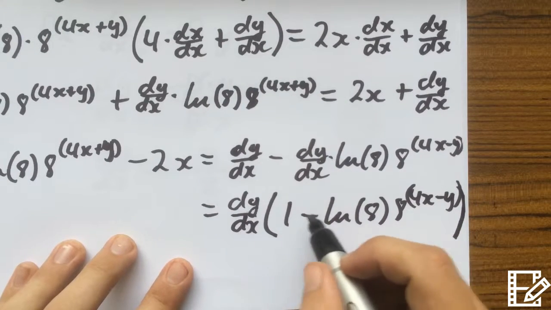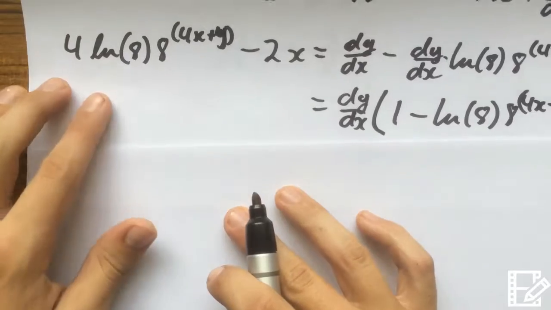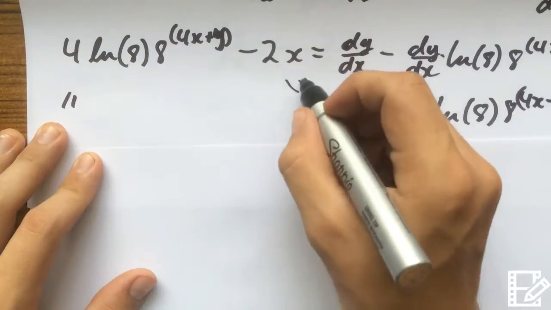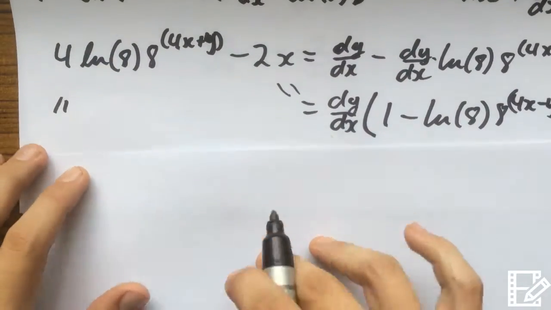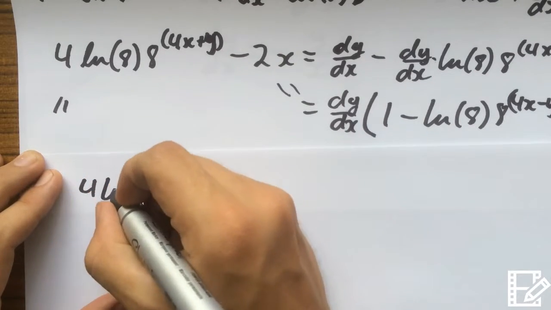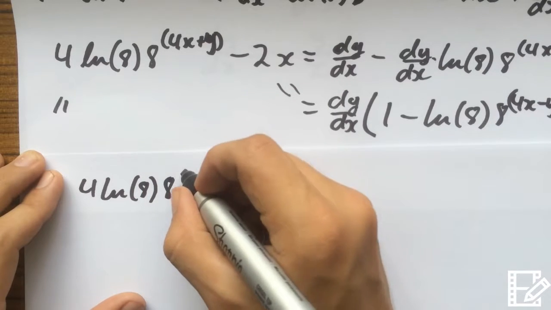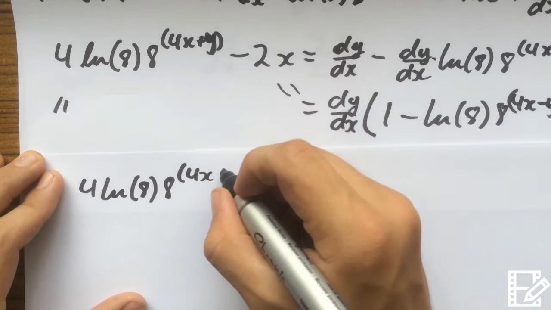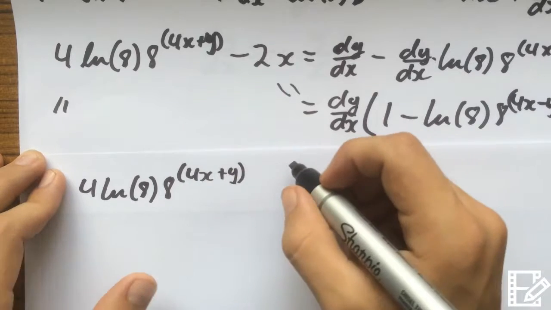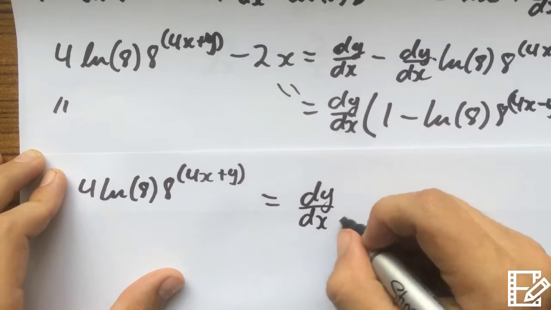Basically, if we expanded these brackets, we would get this. Next step. I didn't rewrite this because I didn't need to. We're going to use it in this step though. So 4 ln of 8 to the power of 4x plus y minus 2x equals dy dx times the bracket.